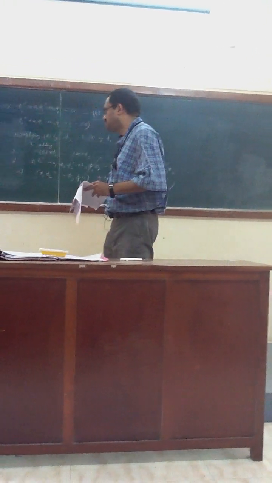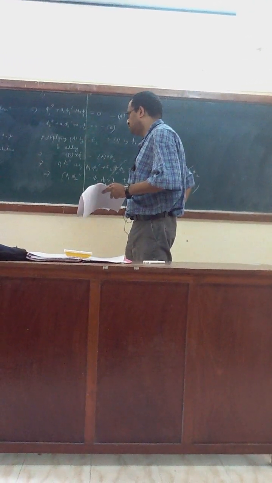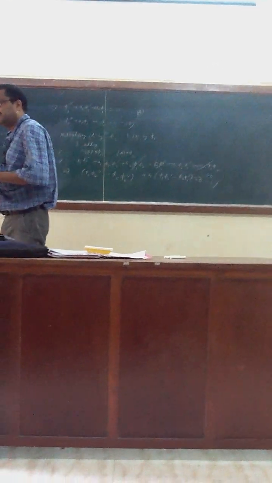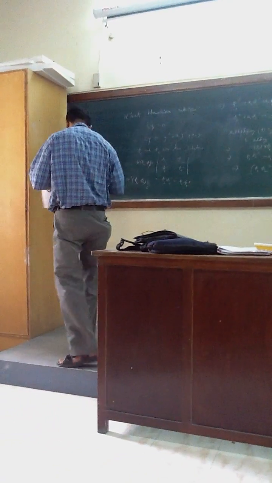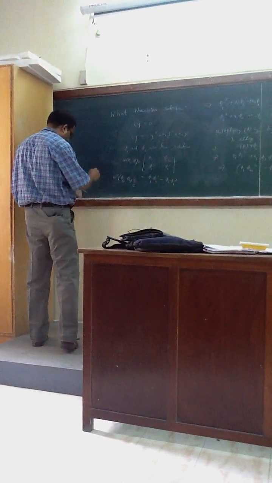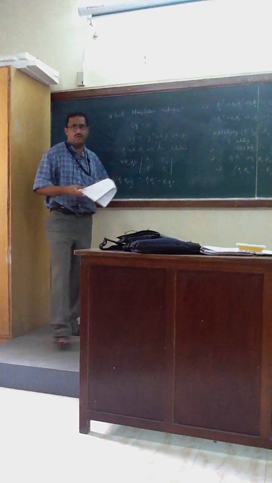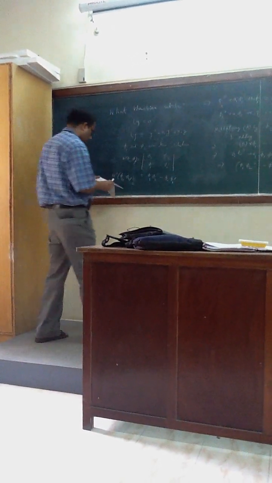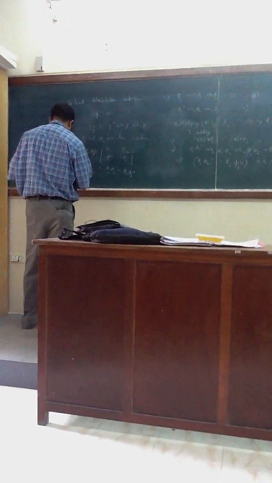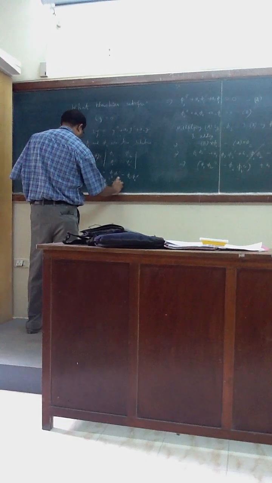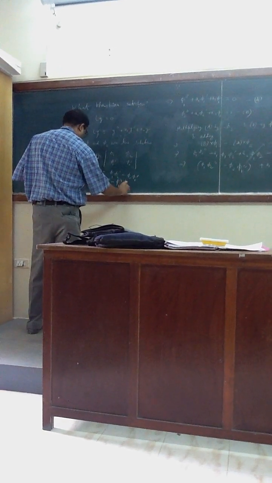What is that? Phi 1 phi 2 double prime, then minus phi 2 phi 1 double prime. Why are the other two terms not there? Because they will be cancelling, they will be 0. Yes. So it will be W prime equals phi 1 phi 2 double prime minus phi 1 double prime phi 2.